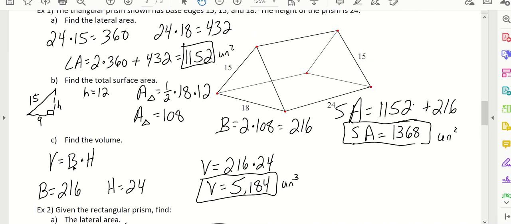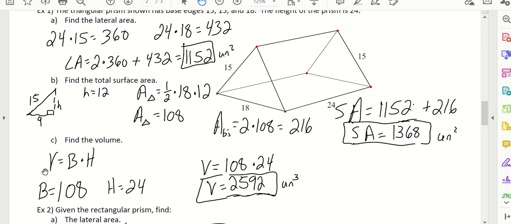Volume is area of the base times the height. We found the area of the base to be 108. Let me change this to area of the bases. Volume is equal to area of the base times the height, just area of one of the bases.